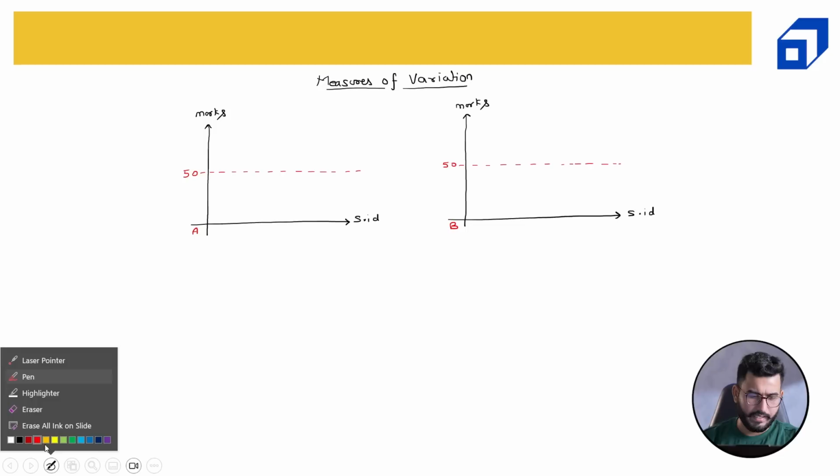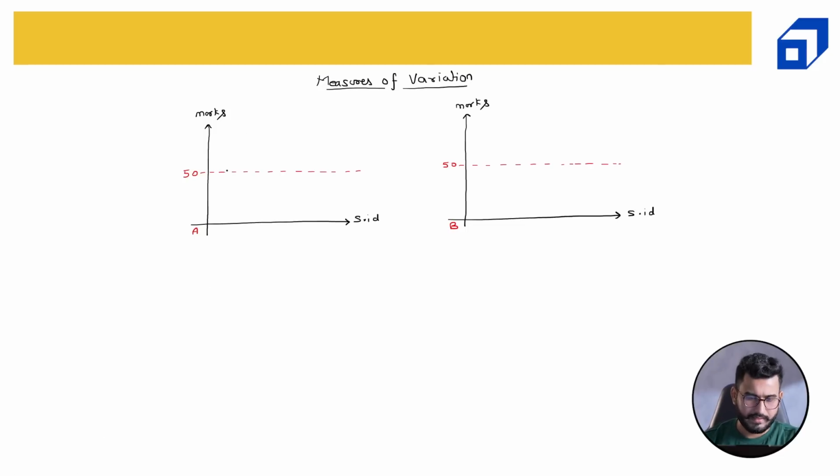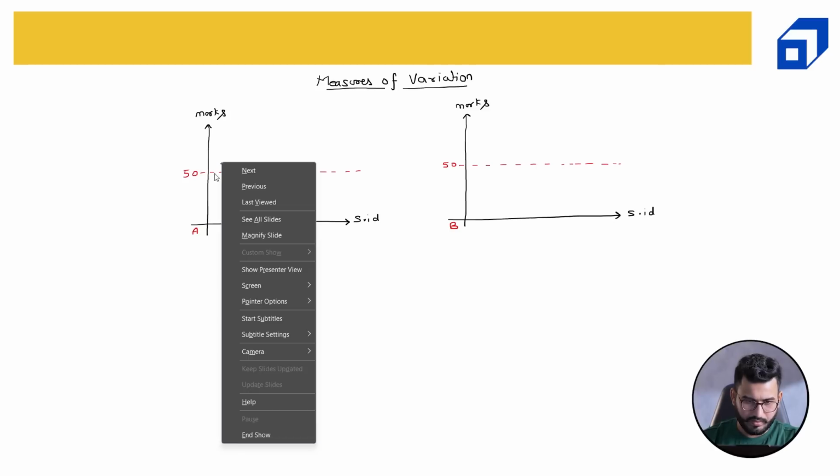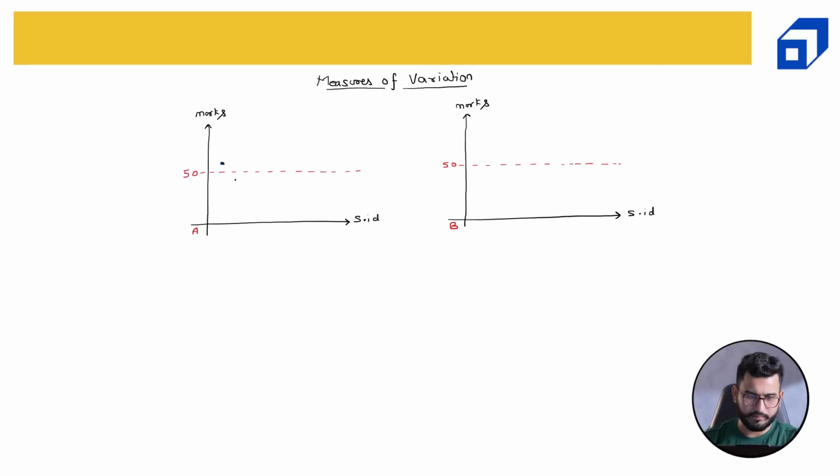For subject A, the student marks are scattered like this. So this represents the marks of student number 1. Then these are the marks of student number 2.